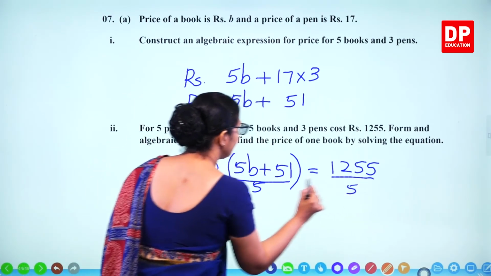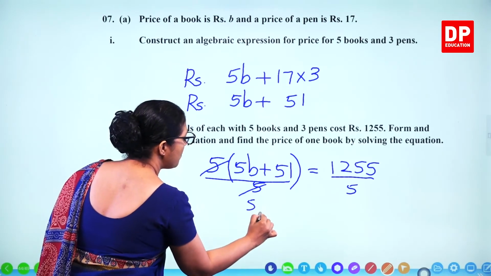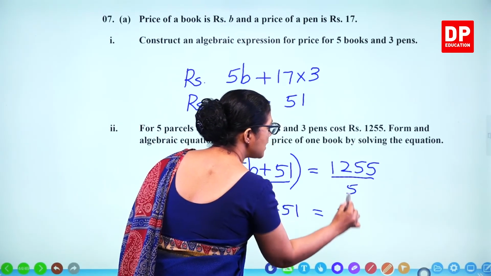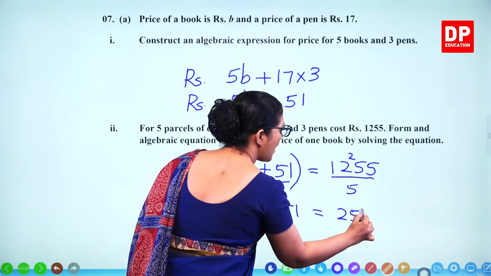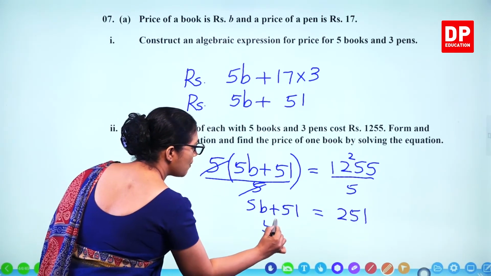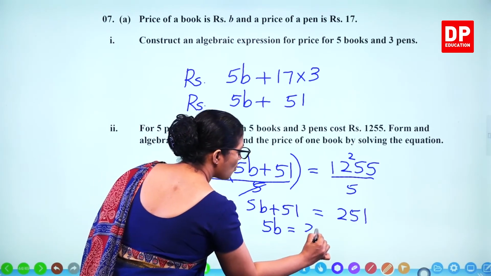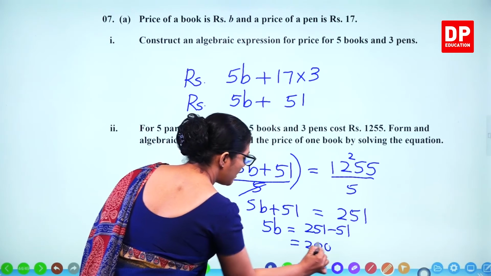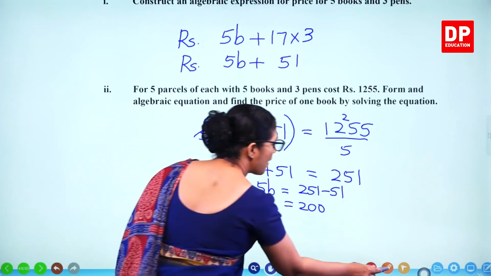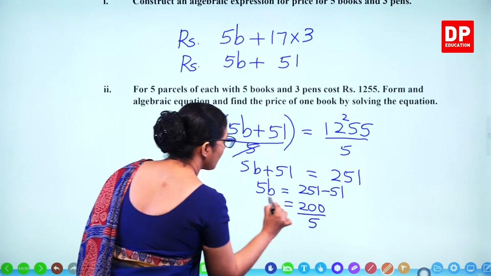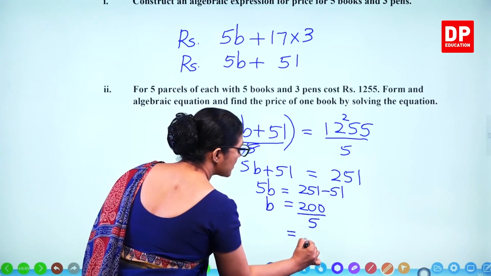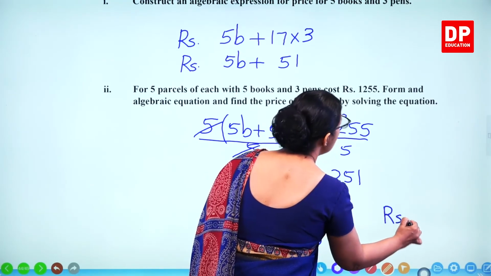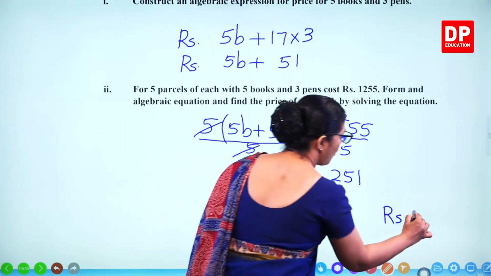You get 5b plus 51 is equal to 251. So what's 5b? 251 minus 51, you get 200. Divide by 5, you get b value. So that's 40. So what's the price of a book? 40 rupees.